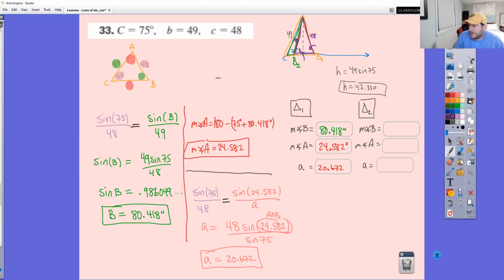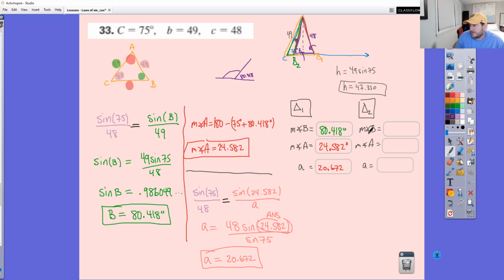Well, if we can kind of zoom in on this, we've got the 80.418 right here. And we can see that the angle we want, angle B2, forms a nice straight line with it. And straight lines are 180 degrees, just like triangles are. So they're literally called a linear pair from geometry. They're supplementary. They add up to 180.